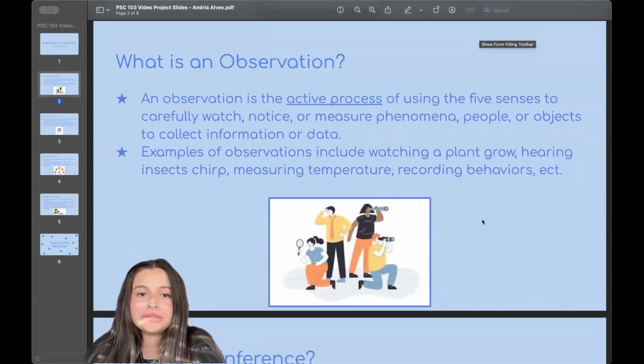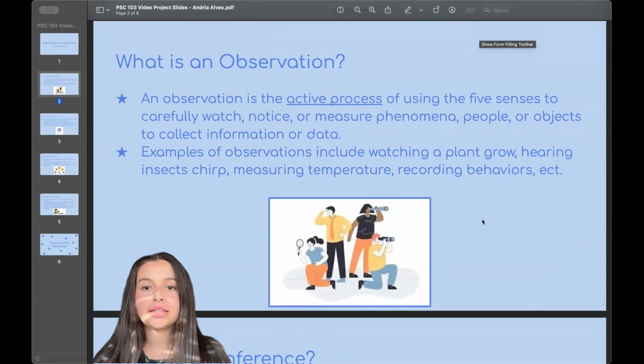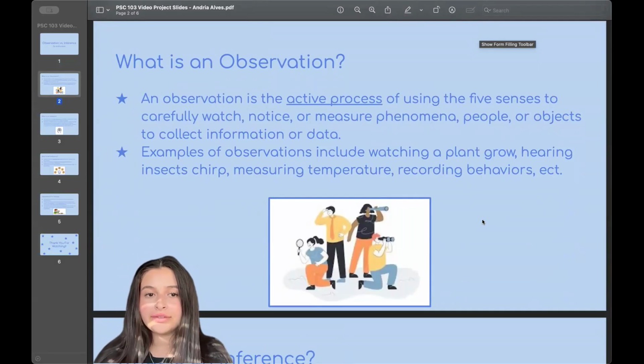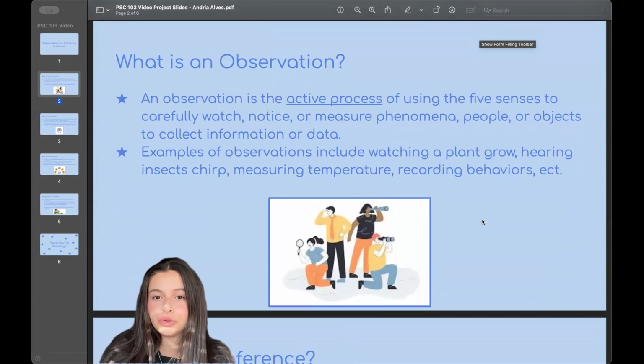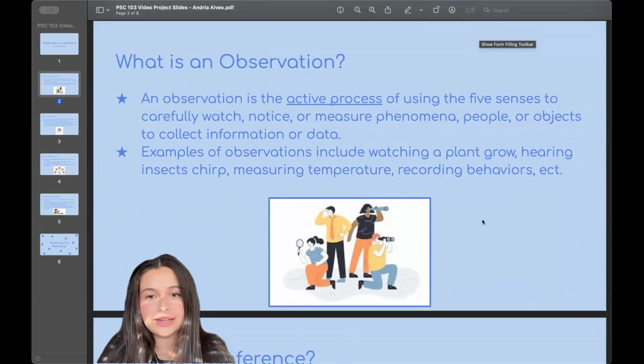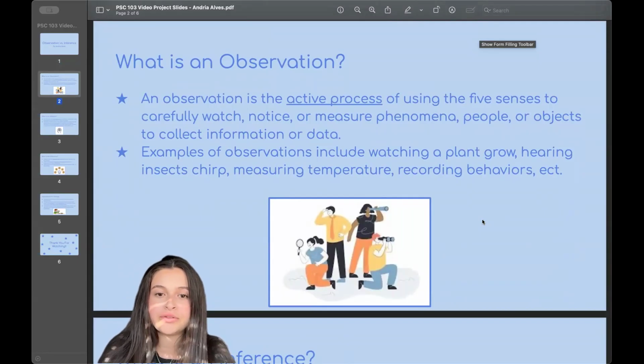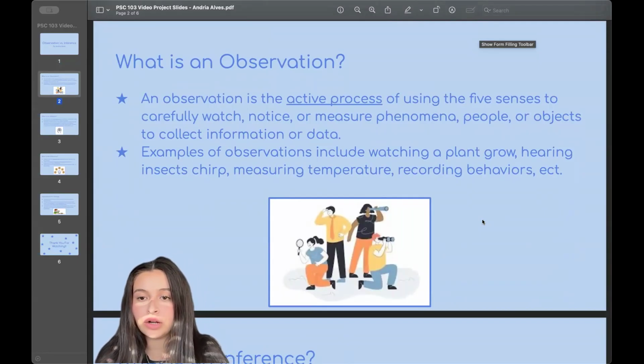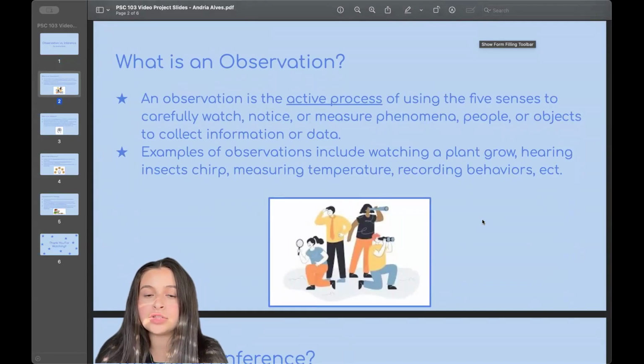What is an observation? An observation is the active process of using the five senses to carefully watch, notice, or measure from phenomena, people, or objects to collect information or data. Examples of observations include watching a plant grow, which is something that you see with your eyes, hearing insects chirp, which is you using your sense of hearing to physically hear the bugs make a noise.